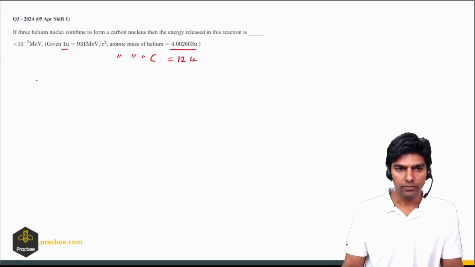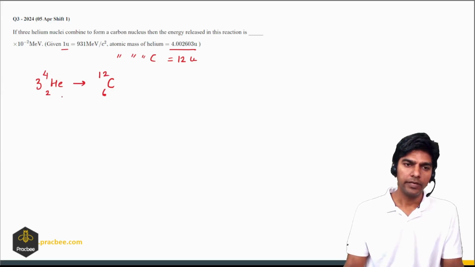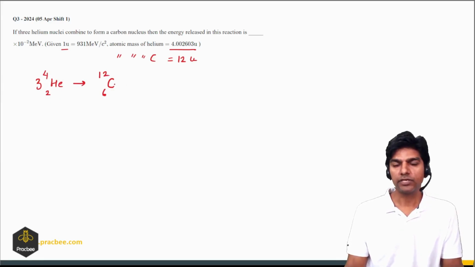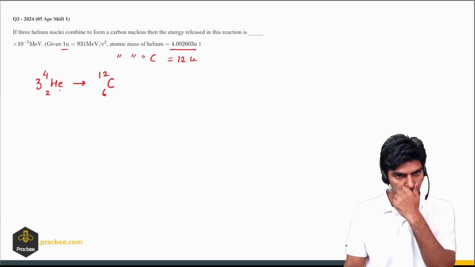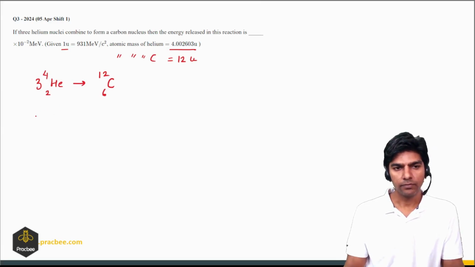So we have given 3 helium nuclei, so we have atomic number 2, mass number 4. It gives us carbon nucleus. Atomic number is 6, mass number is 12. Right? So this is a nuclear reaction which has to be balanced, right? So it is balancing. So we have to find the energy released. So let us first find the mass defect.